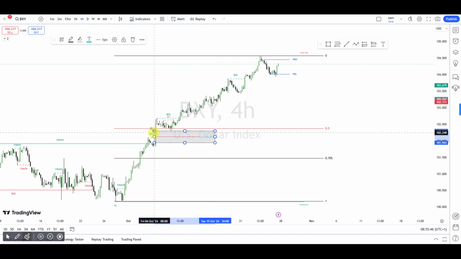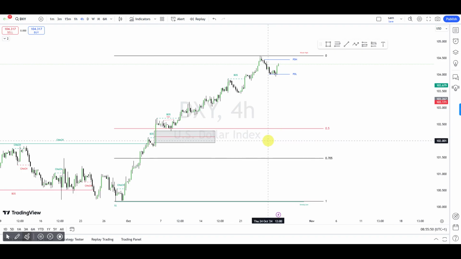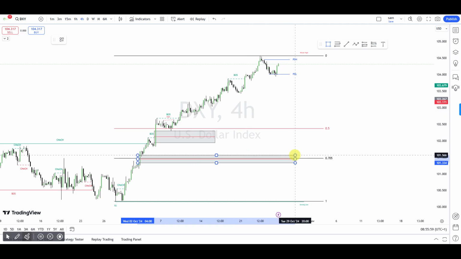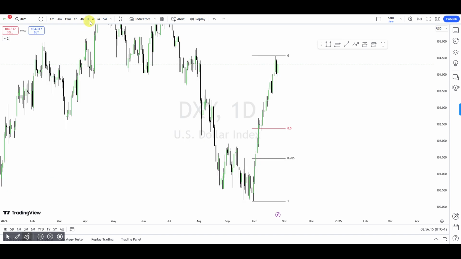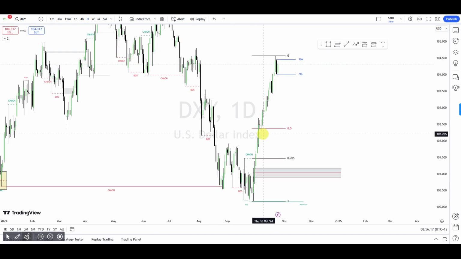There's another one, and there are a lot of other blocks. So I sincerely don't believe that the trend will come all the way this low, because our reference point on the hourly time frame is here.